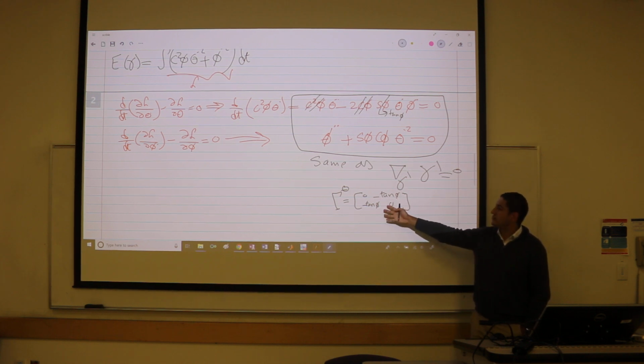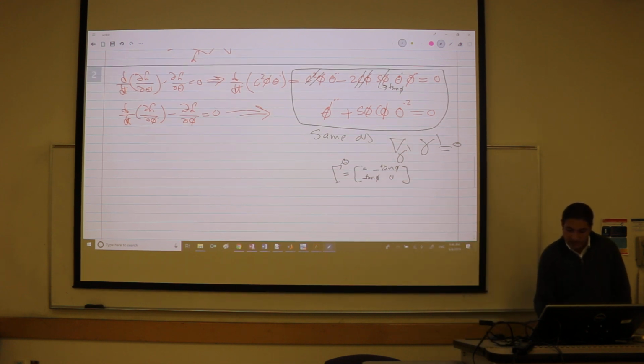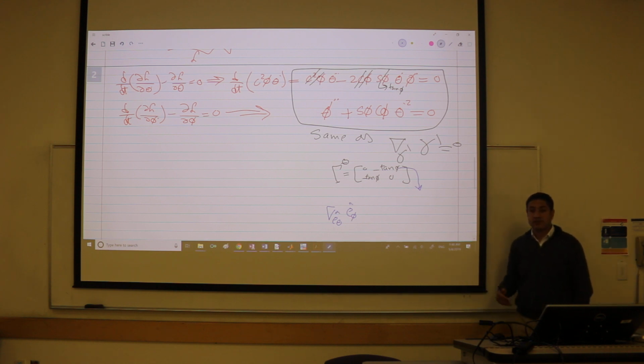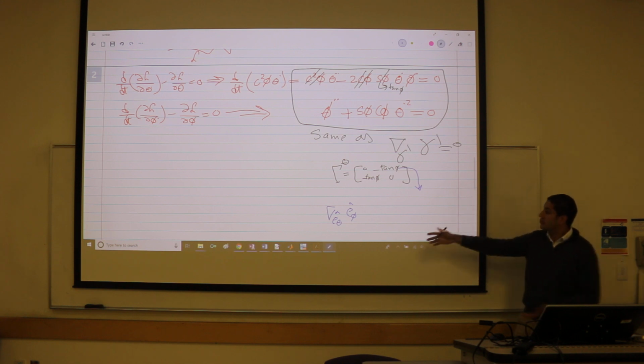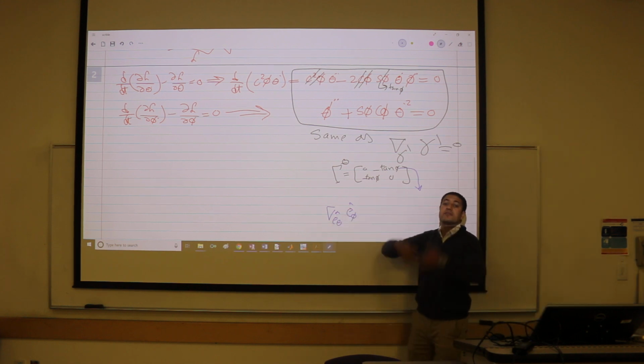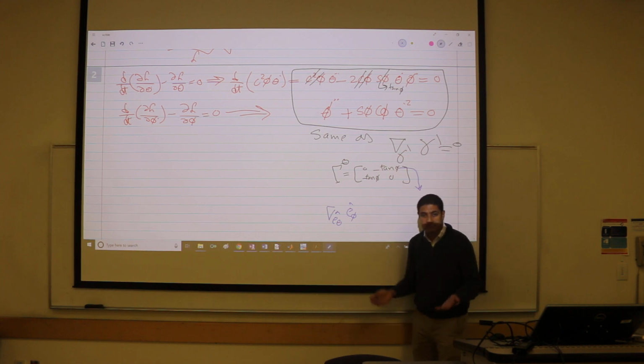I didn't tell you how to get gammas last time, but I gave you the definition. Like this tan phi: when you write this, this is E theta and E phi. So get a unit vector in the E phi direction and a unit vector in the E theta direction in the ambient space. Do the directional derivative in the ambient space, you will get a vector, and project it on the sphere.